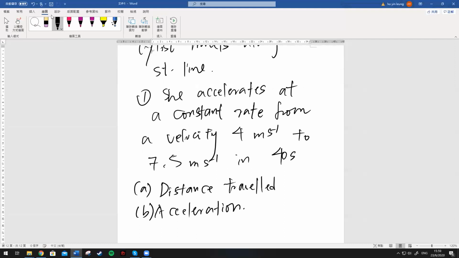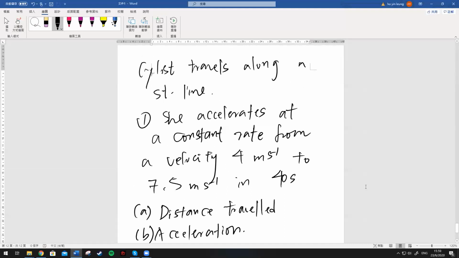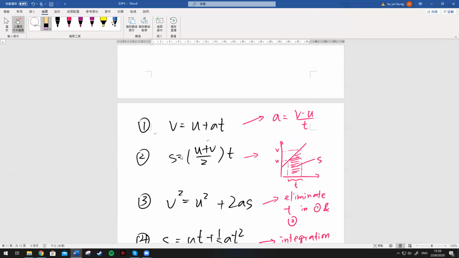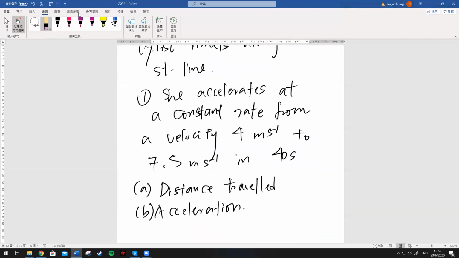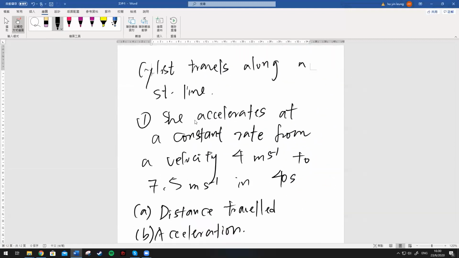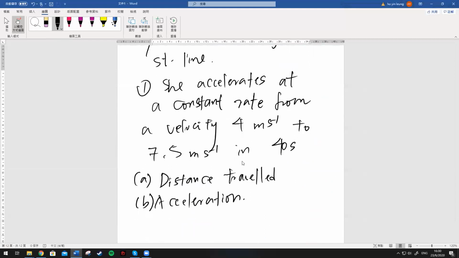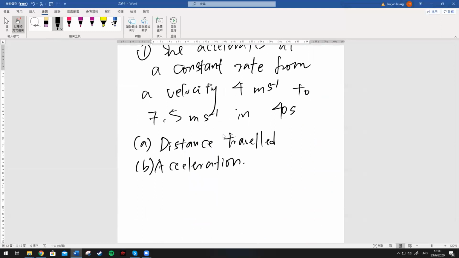Okay, so this one we need to identify the parameters coming from the above equations. Here the cyclist first of all has an initial velocity of 4, right? So that means u is 4, and then v is 7.5. Now mind the unit, okay?